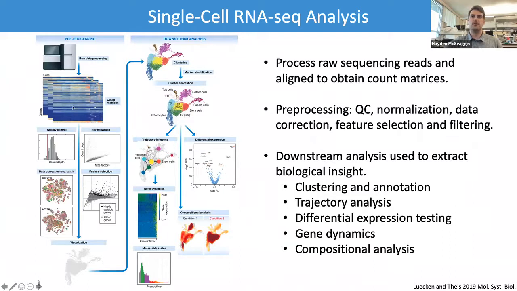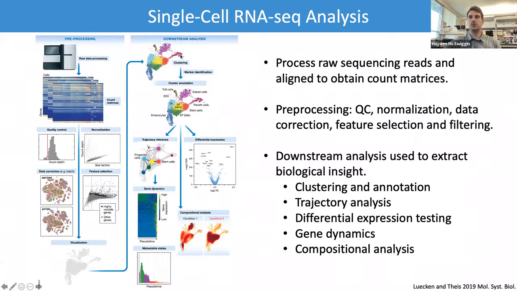After this, you can do some pre-processing, some normalization, some QC, some filtering, and then you'll select the genes that are more highly variable, because these will be the most informative for your downstream analysis. Some of the downstream analysis that you can do, well, first off, you want to cluster your cells. This will cluster your cells based on the similarity of the transcriptome.